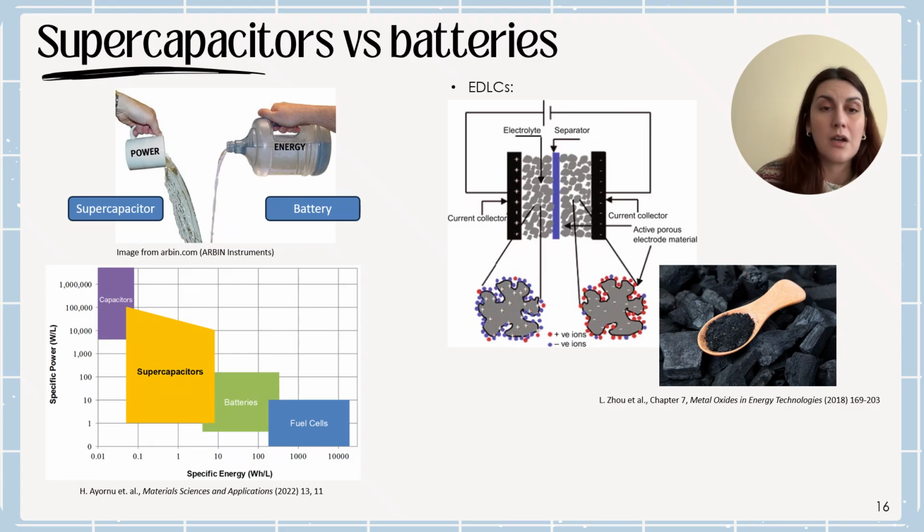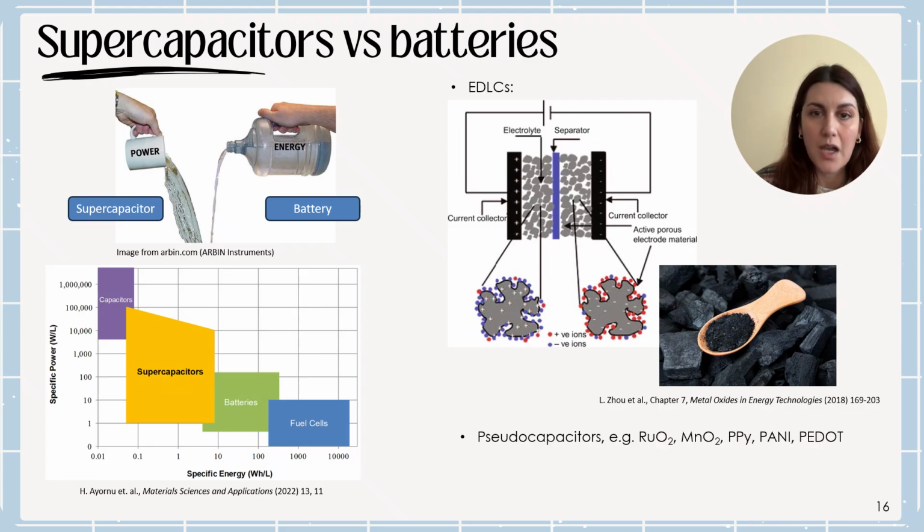There are also other types of supercapacitors based on different operation mechanisms, including pseudocapacitors, which are based on Faradaic reactions occurring at or near the electrode surface. So unlike EDLCs, they do involve electron transfer. Typical materials include transition metal oxides, such as manganese oxide or ruthenium oxide, and conducting polymers.